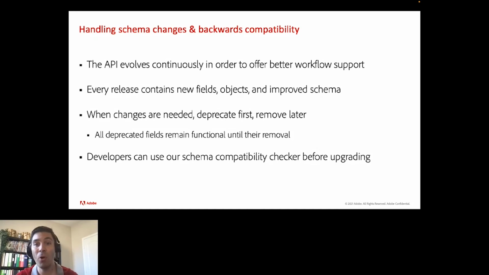As a consequence, all releases will contain new fields, objects, and an improved schema experience. When these changes are needed, we first deprecate the old fields or entire workflows, but we only remove them in other releases, not in the same release.